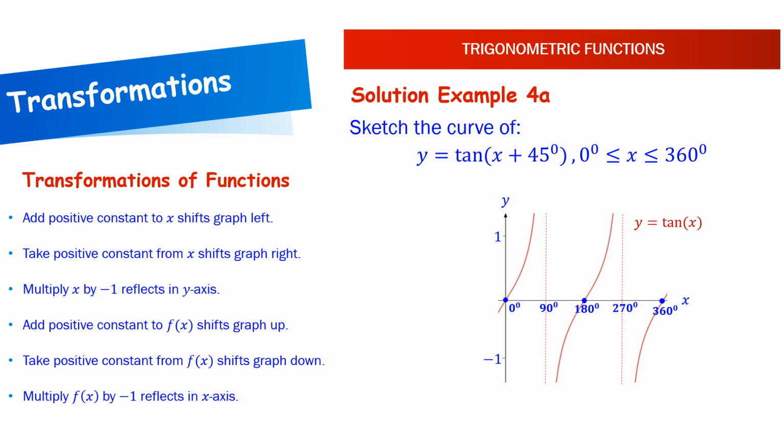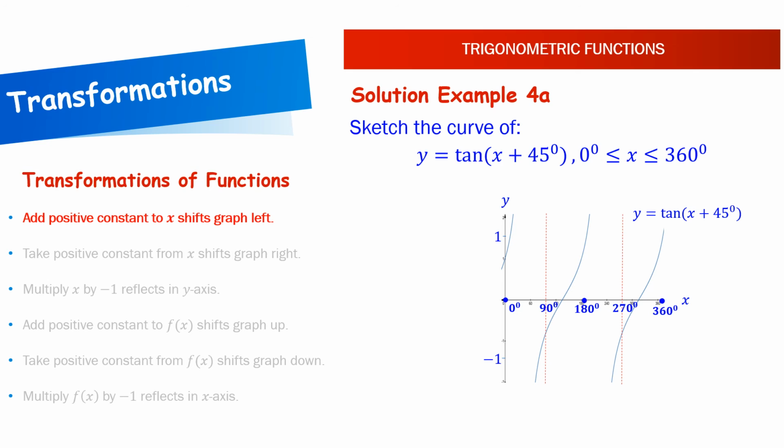So what happens to the graph? In our list of transformations, we have that adding a positive constant to x shifts the graph to the left. And therefore, our graph looks something like the one you can see on your screen now.